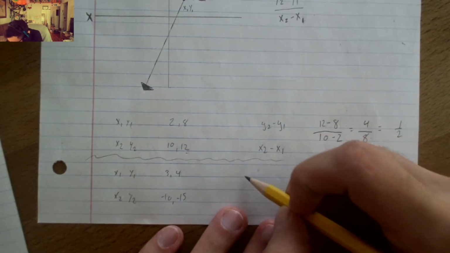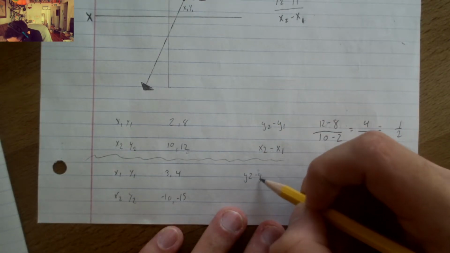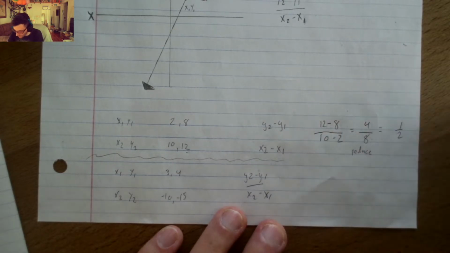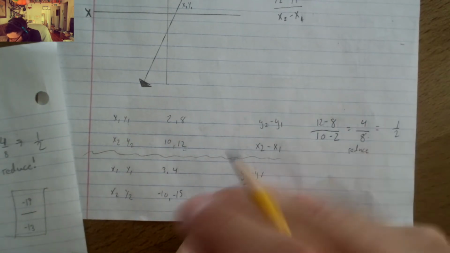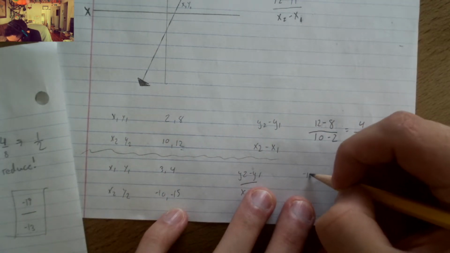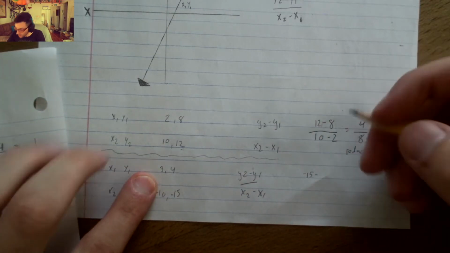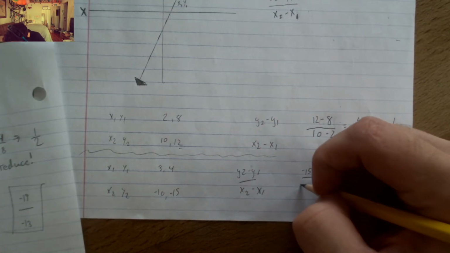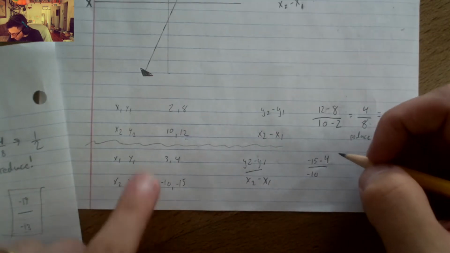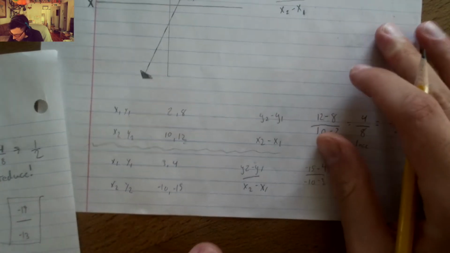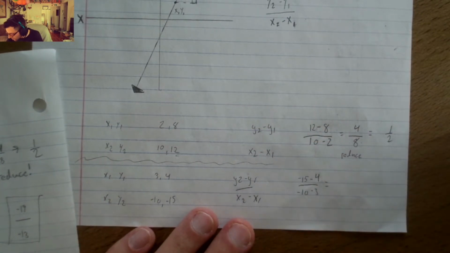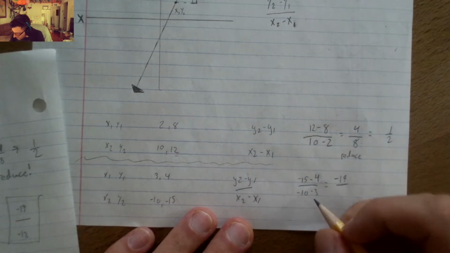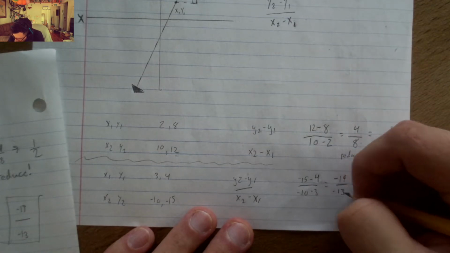If we're going to go ahead and use this same formula, y2 minus y1 over x2 minus x1, our equation is going to look a little bit like this. -15 minus 4 over -10 minus 3. -15 minus 4, or 15 plus 4, gives us -19. -10 minus 3 gives us -13.